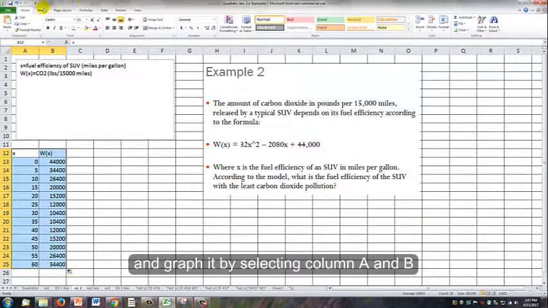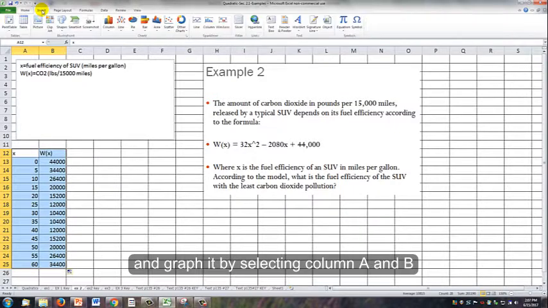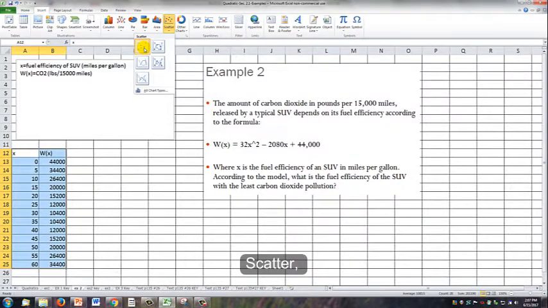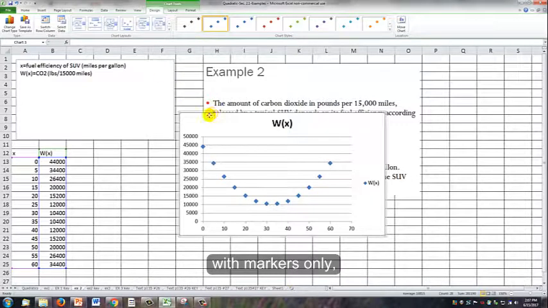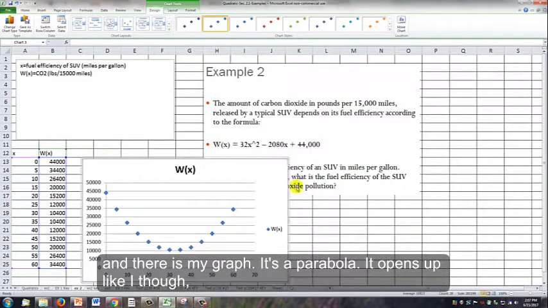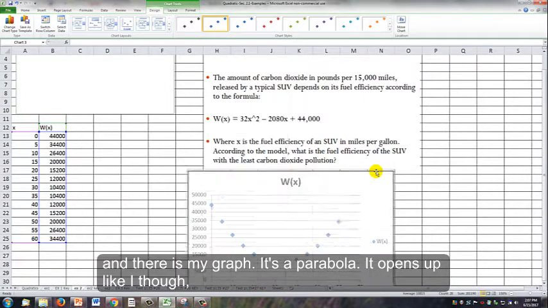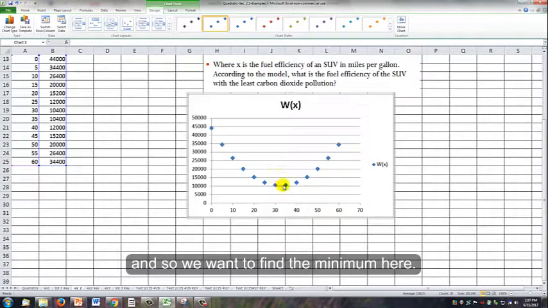And graph it by selecting column A and B, insert, scatter with markers only, and there is my graph. It's a parabola. It opens up like I thought. And so we want to find the minimum here.